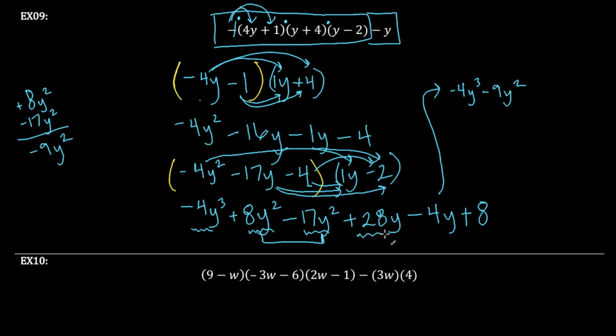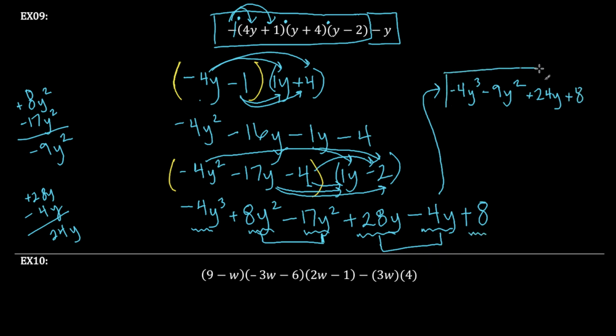And then we can combine this plus 28y and minus 4y. 28y minus 4y. So you can think about this as 28 minus 4 is 24y. Positive. Yeah, more positive. So plus 24y. And then we have this lone plus 8.